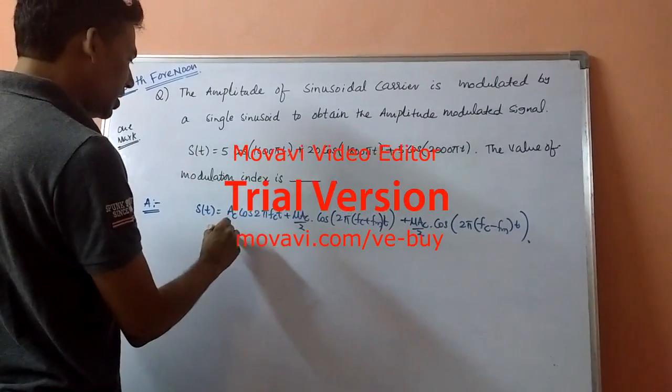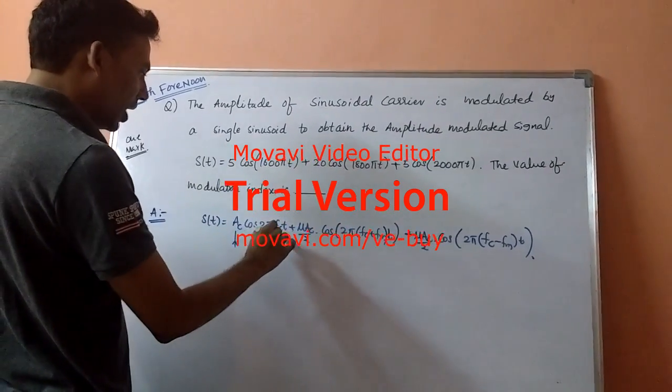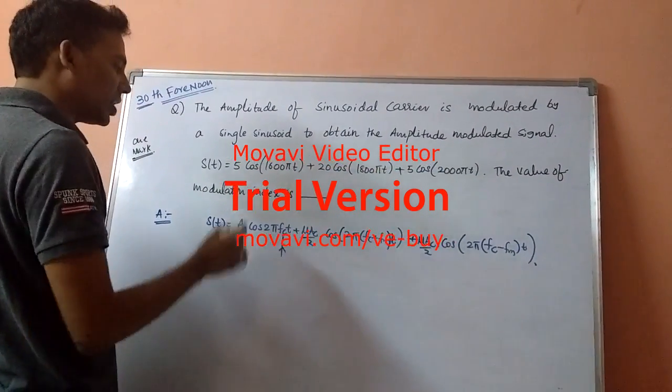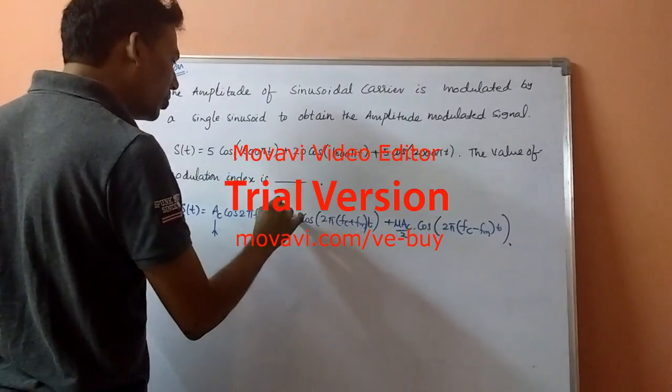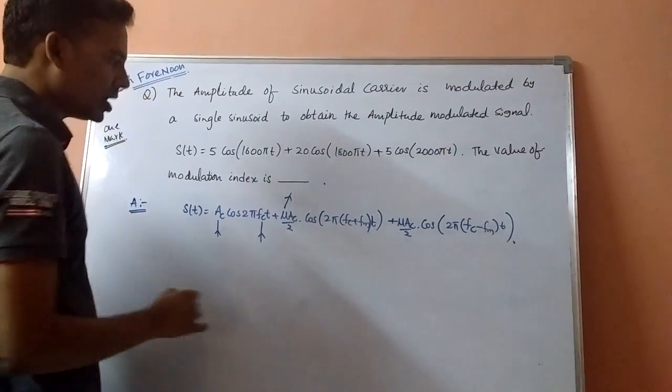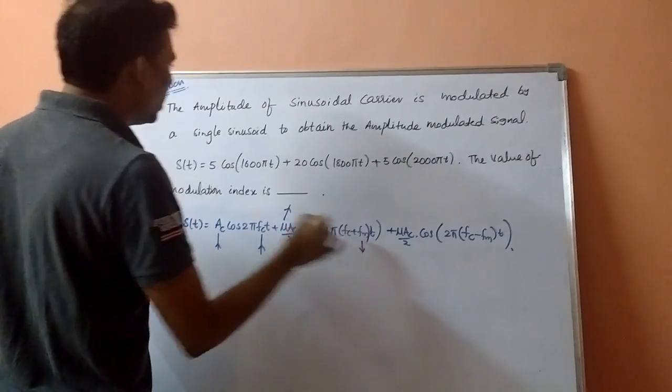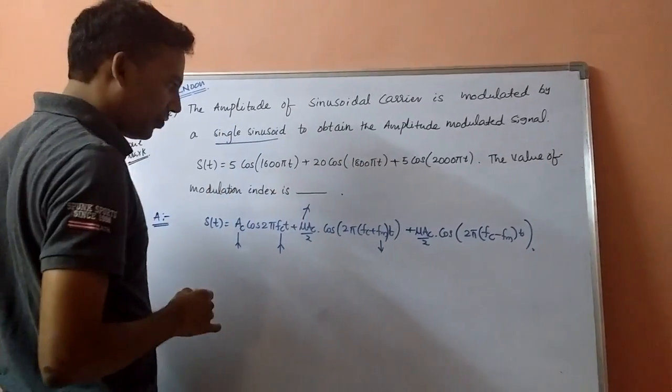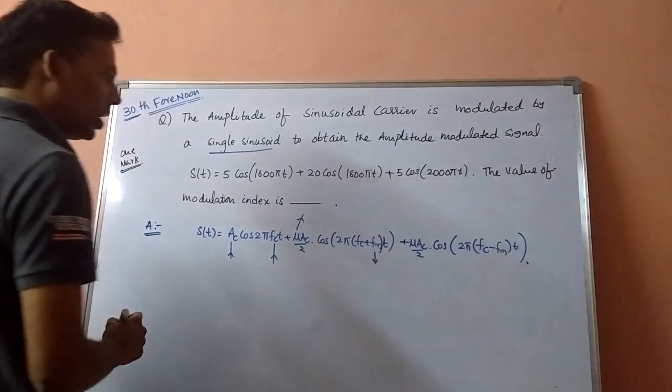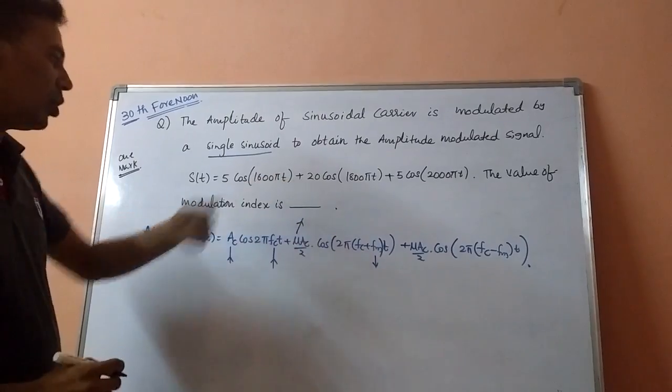Here AC is the carrier amplitude, fc is the central carrier frequency, mu is the modulation index, and fm is the single sinusoid frequency. Now compare S of t with the above equation.